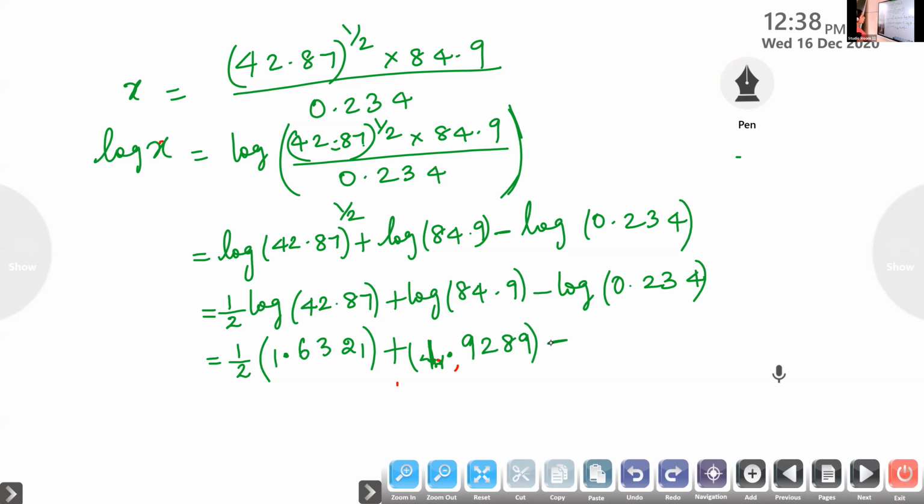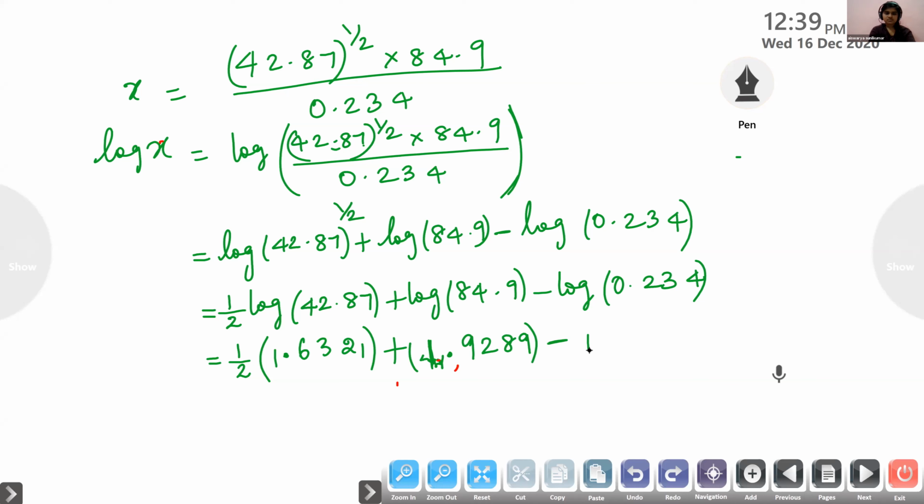Minus log of 0.234. Log contains two parts: the characteristic part and the mantissa. What is the characteristic part here? -1.